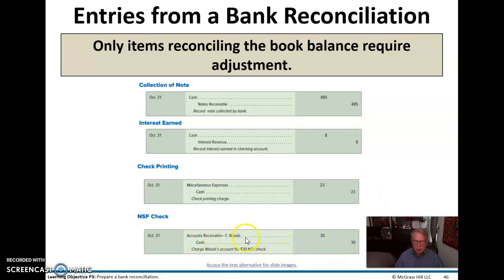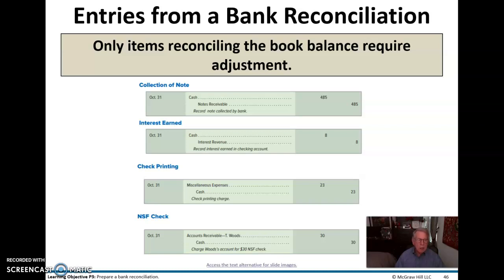And then it looks like T. Wood was the culprit that bounced the check. And so we're going to put that back up as an accounts receivable. Now, in this particular case, you'll remember that when those checks come into our company, we assume they're good checks.